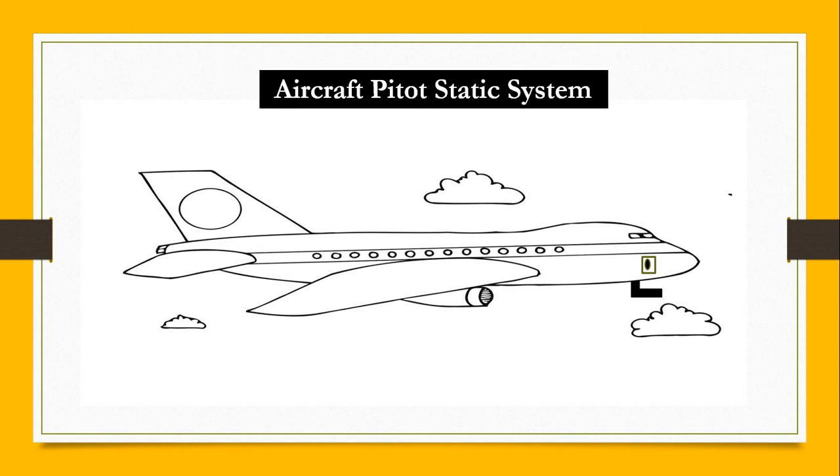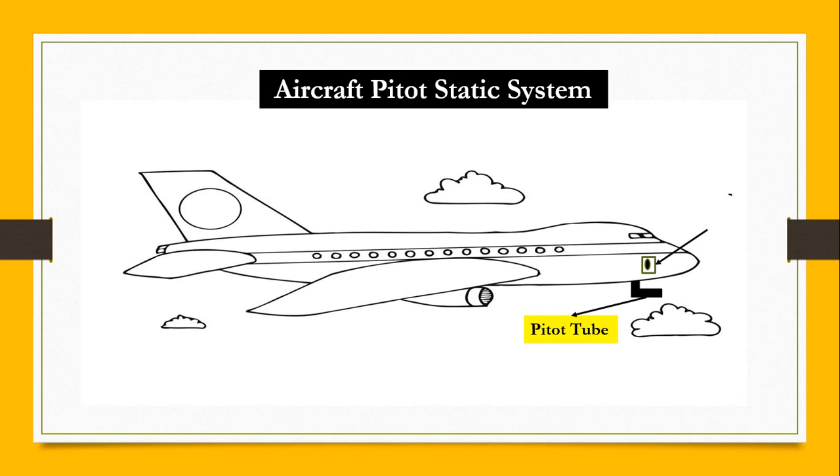But in an aircraft pitot static system, we have a pitot tube which is situated at the nose, or in some aircraft, Cessna-like aircraft, it is situated under the wing. But in large aircraft, it is situated at the nose of the aircraft, and it has a static vent also, or a static port.